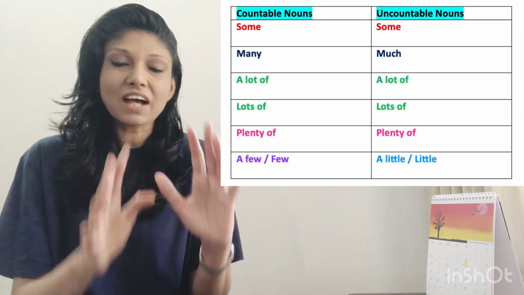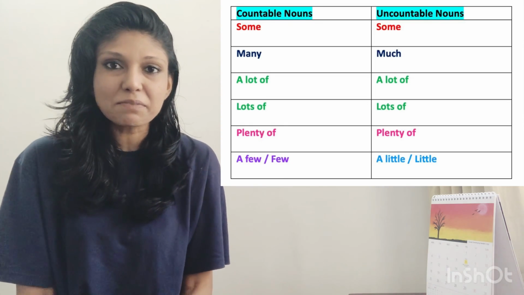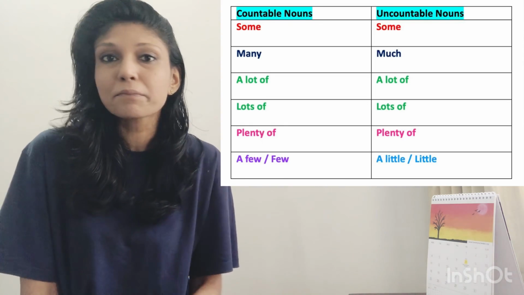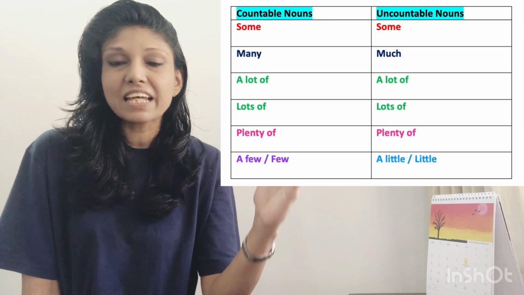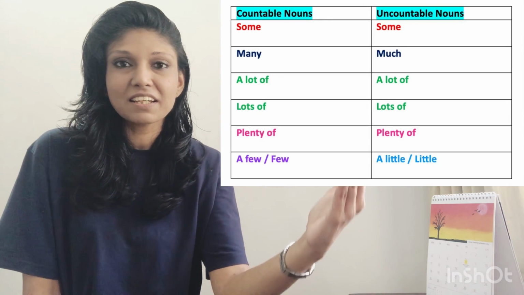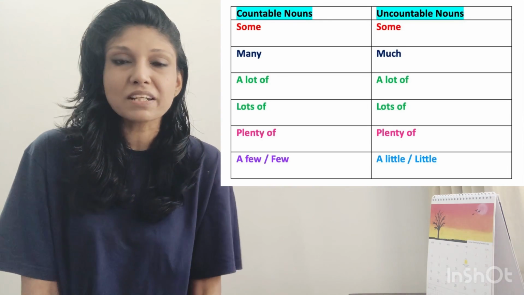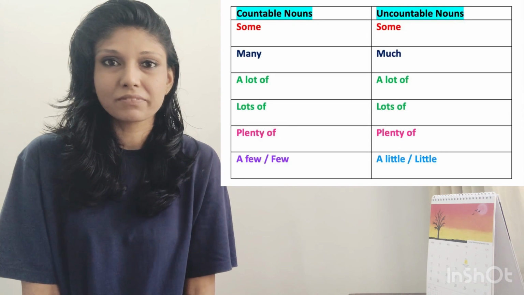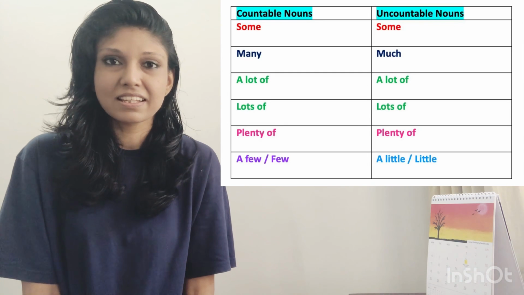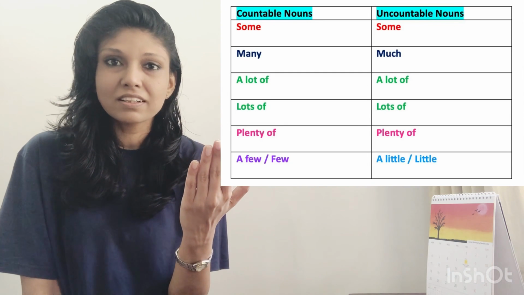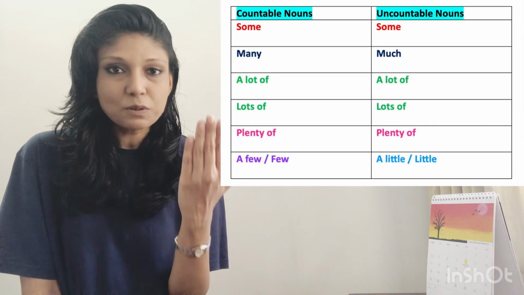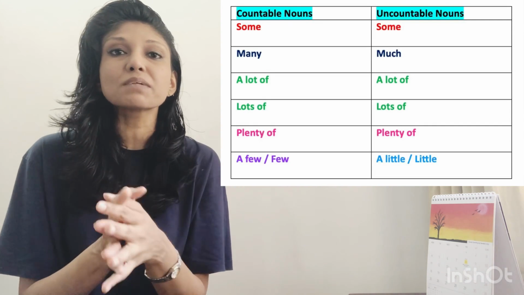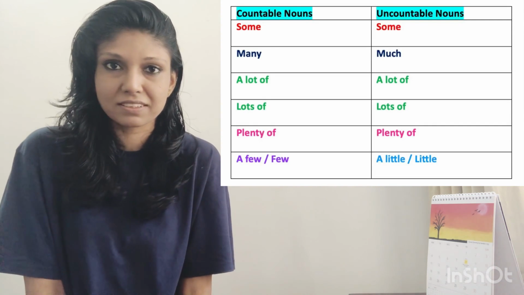I have organized all the determiners here into a table, whether they are used with countable nouns or uncountable nouns. Here, some is used with both countable and uncountable nouns.